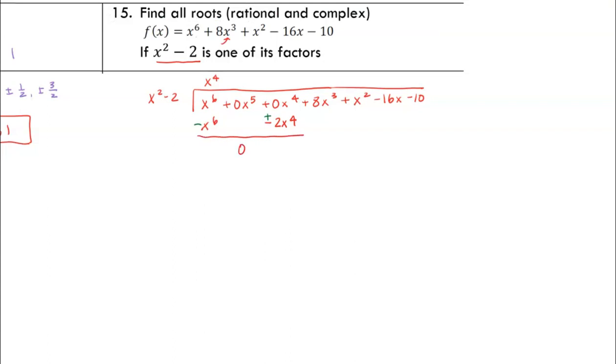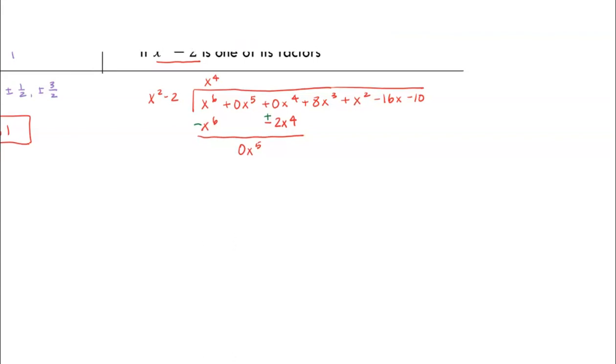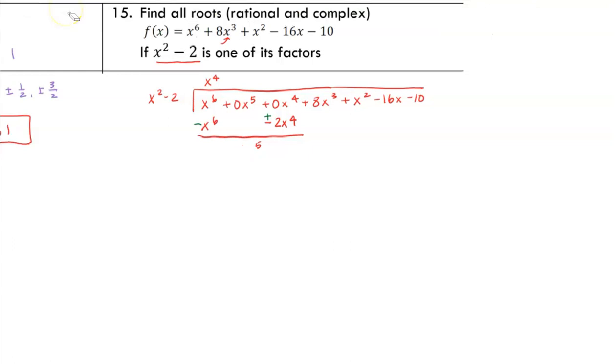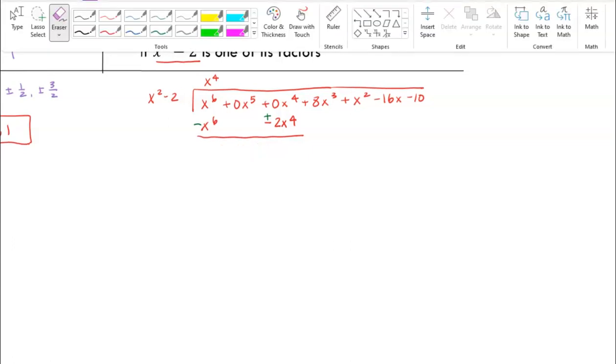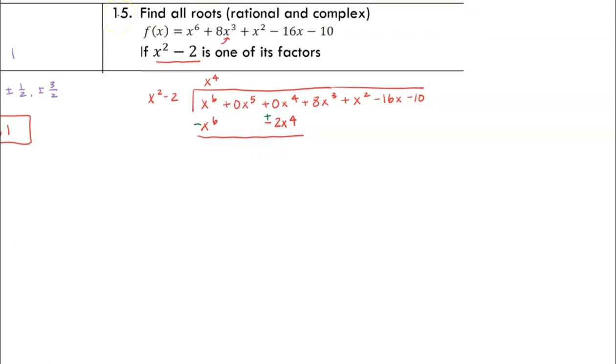So we have a 0 x to the fifth, and we have a 0 x to the sixth too. I could just leave that x to the fifth off. I don't need it if we're starting off with a 0. So I guess it kind of defeats the purpose of filling it in, but sometimes we don't know if there's going to be an x to the fifth that we need to add or subtract this x to the fifth with. So I just put it on there, okay?